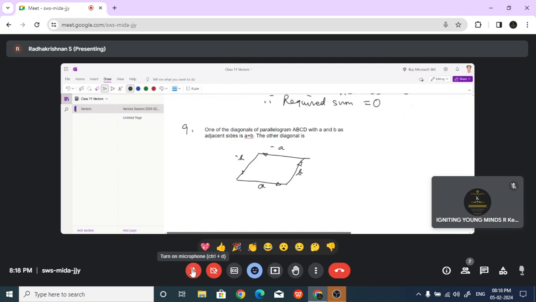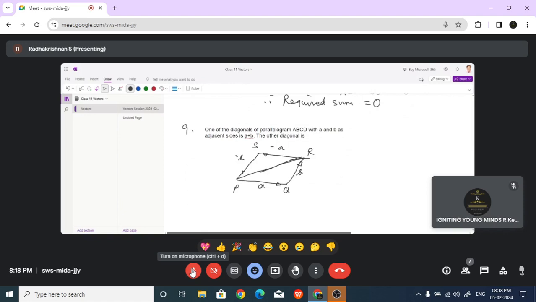Okay, so which diagonal will be A plus B? A, B, C, sir. I marked that PR, sir. PR, right? PR is equal to A plus B.